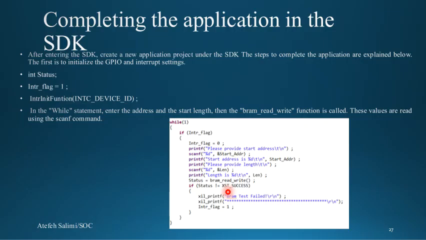It means that this BRAM read write couldn't be completed, or maybe it caused an error. So it will print on the console that the BRAM test failed, and the interrupt flag will be 1, and then it will go again to the first part and ask you for the new values for the start address and the length.